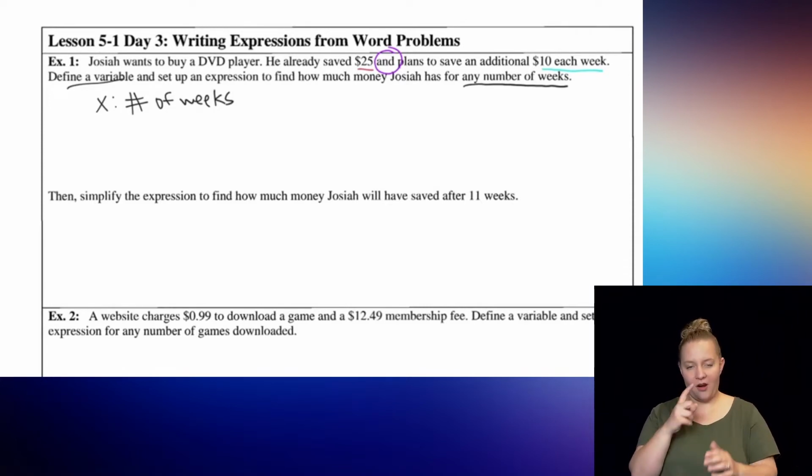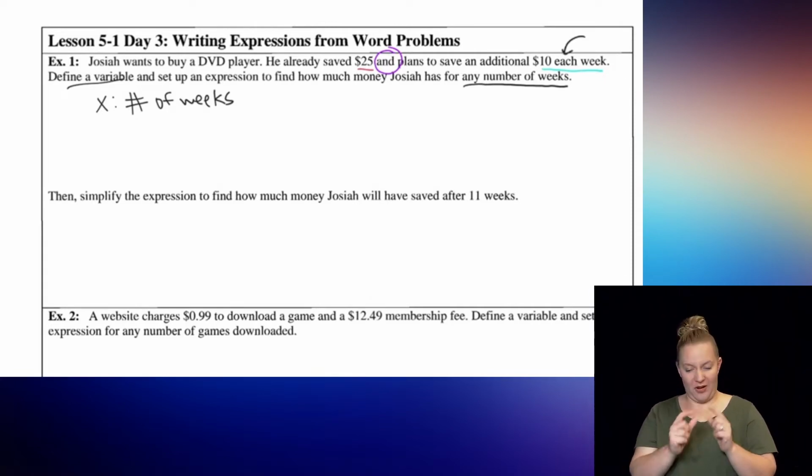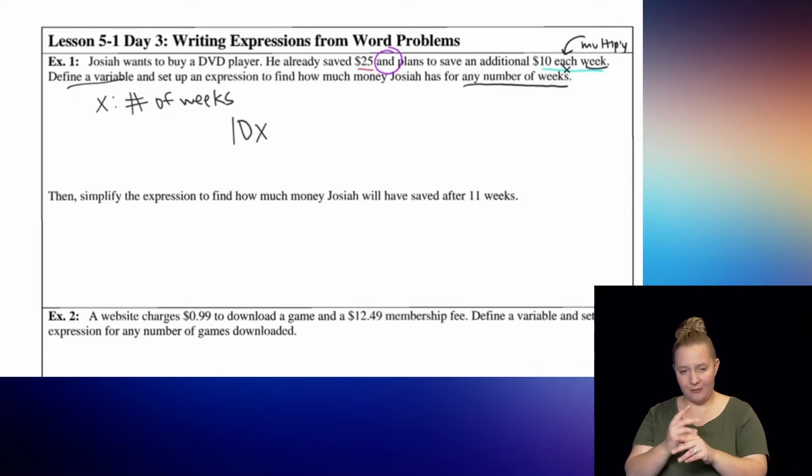I know that it's $25 and $10 each week. So this number or this word each represents multiplication. So go ahead and write to multiply. So $10 each week. And I know that week is our variable. So therefore, $10 times the number of weeks, aka 10x or 10 times x.